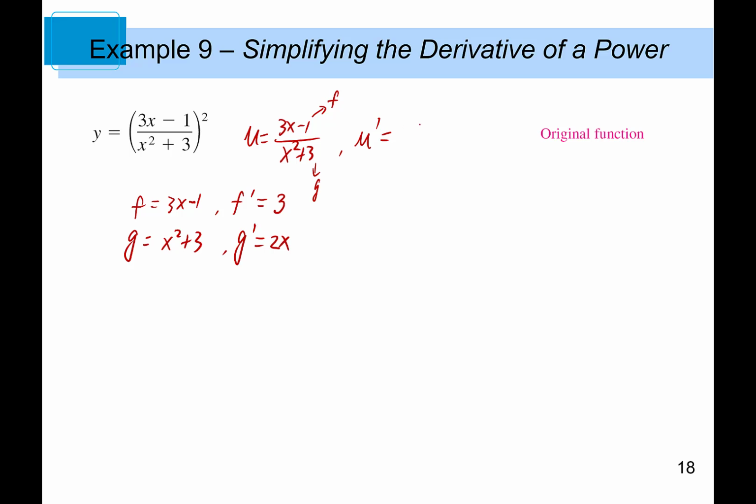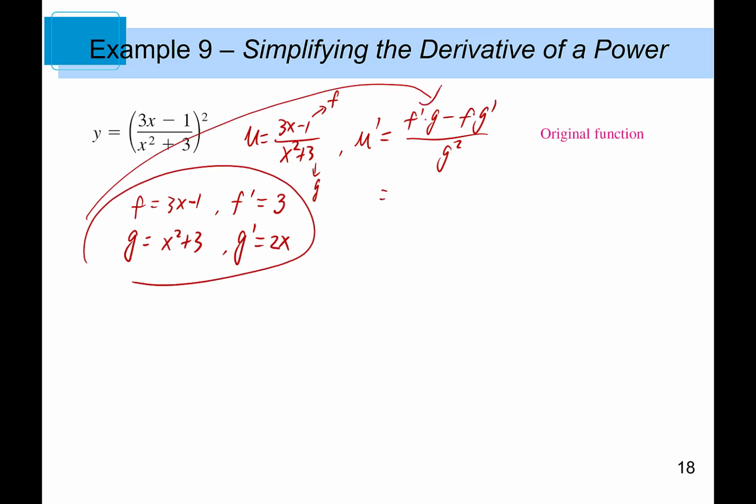Now we can apply the quotient rule. So f prime times g minus f g prime over g squared. Then we plug everything into this. So we have f prime, which is 3, times g, which is x squared plus 3, minus f, which is 3x minus 1, times g prime, 2x.